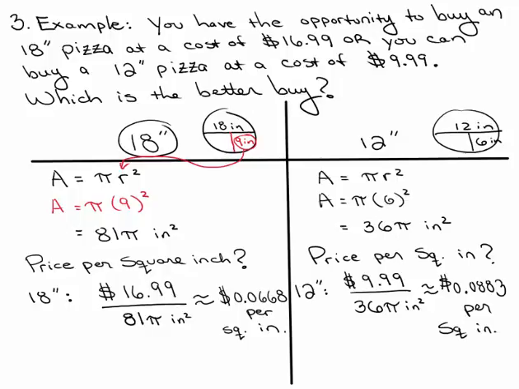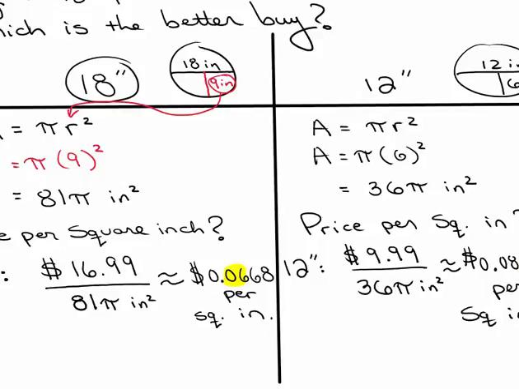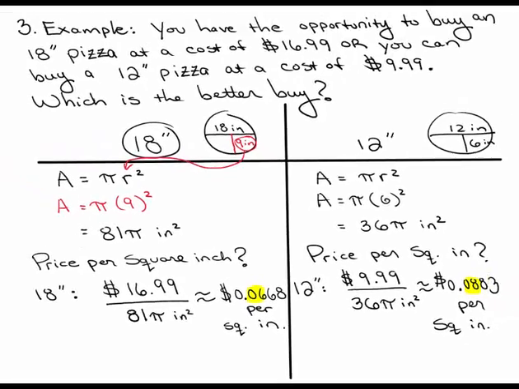Looking at this, normally we just go to the cents. If we were to round this to the cents place, I can see that this is about 7 cents, and this one is about 9 cents. So this one looks more expensive, so that's not the better buy.